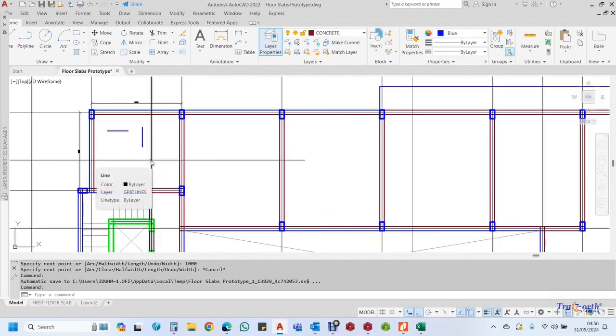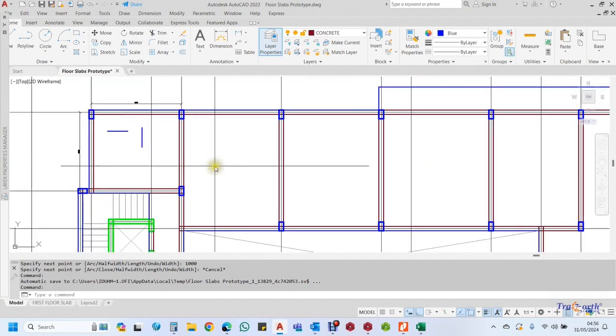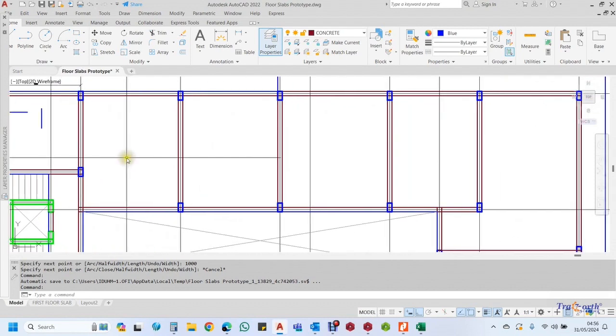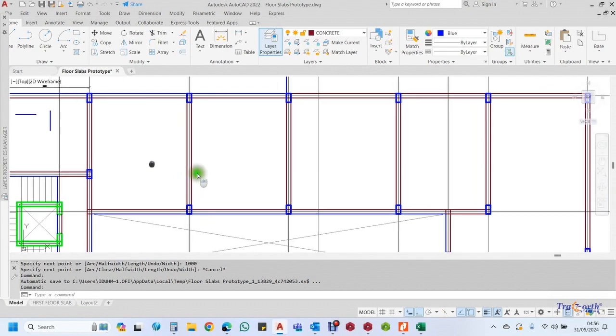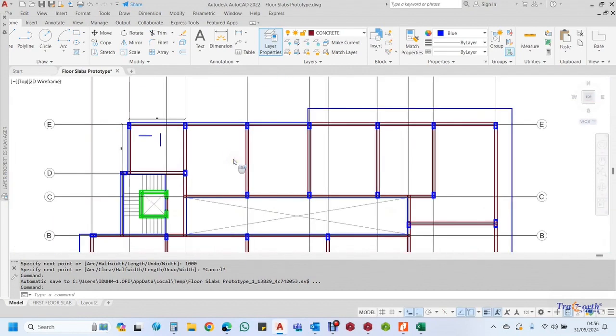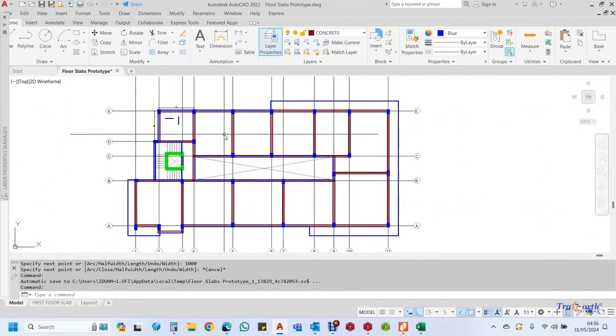You have to pay attention to the thickness, because in some scenarios, this could be 150 millimeter, and then when you get to the next panel, it is higher or even lower. But in this case, it's going to be 150 all through.